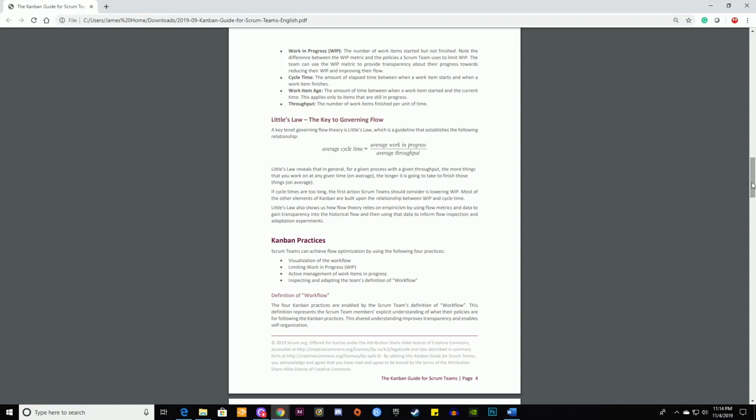If cycle times are too long, the first action Scrum teams should consider is lowering WIP. Most of the other elements of Kanban are built upon the relationship between WIP and cycle time. Little's Law also shows us how flow theory relies on empiricism by using the flow metrics and data to gain transparency into the historical flow and then using that data to inform flow inspection and adaptation experiments.